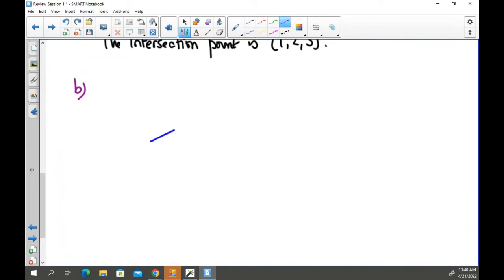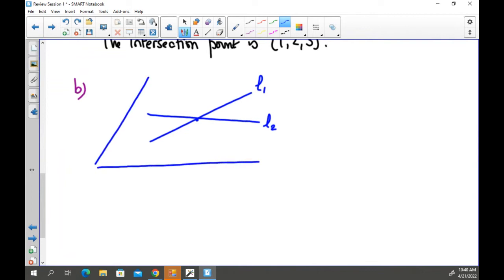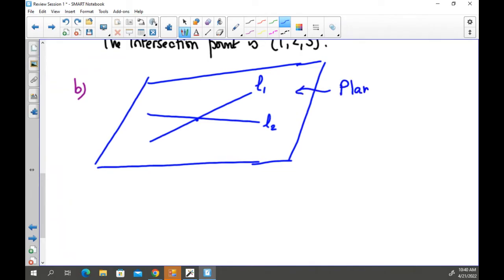Now you have your two lines, L1 and L2. There is a plane which contains these two lines. I want to find its equation. What is the equation of this plane?